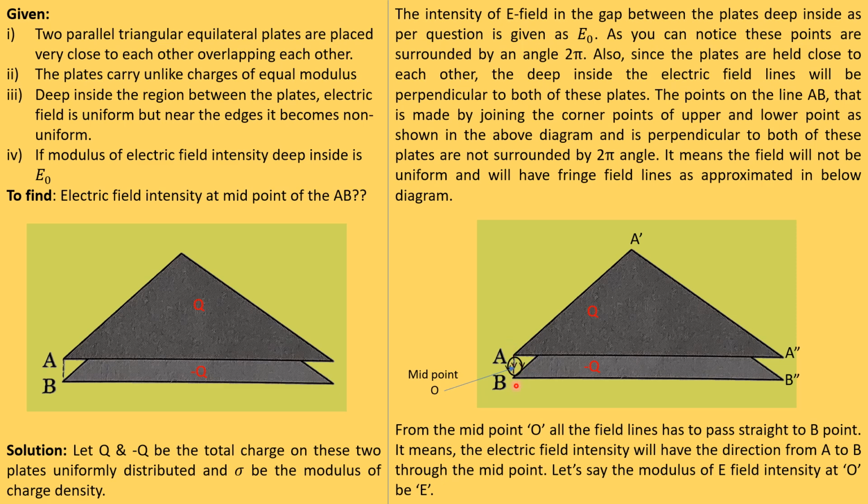But through the midpoint of AB, all the field lines will be in the direction of A to B. And we are interested in knowing the E field intensity at the midpoint of AB, that is O. So we can deduce that through the midpoint the electric field will be passing in the A to B direction.